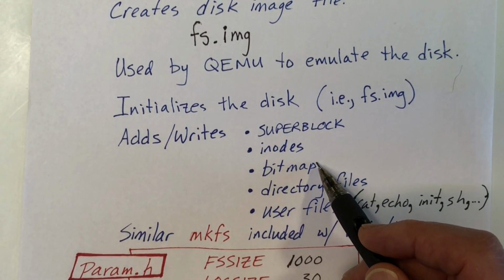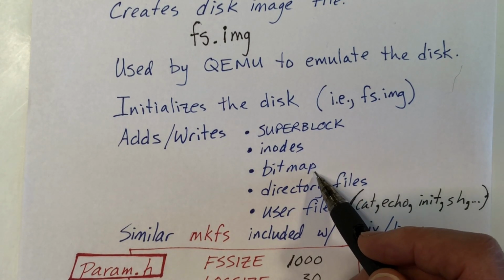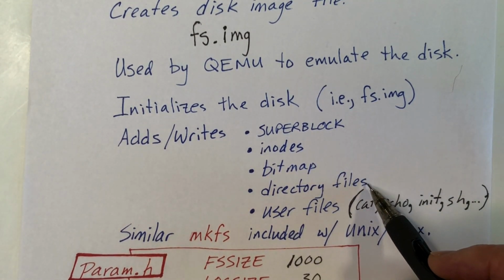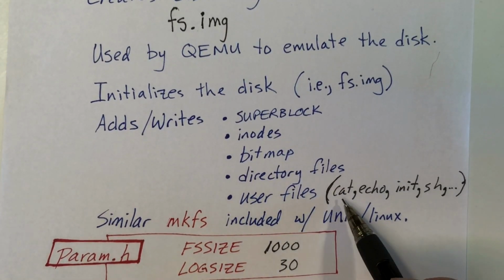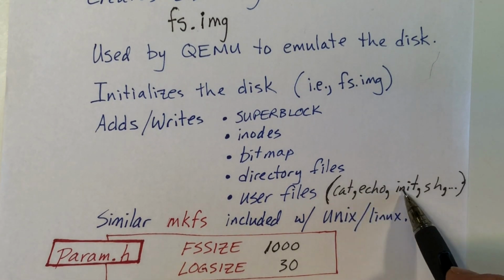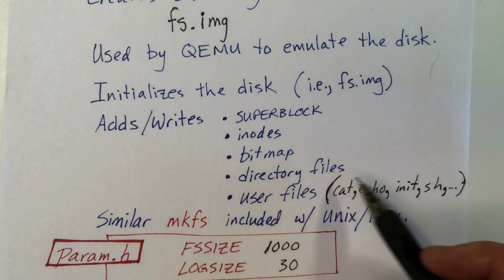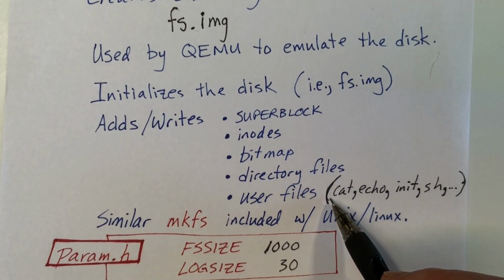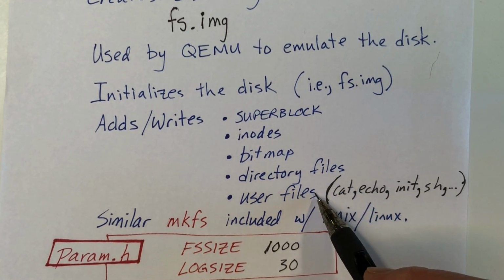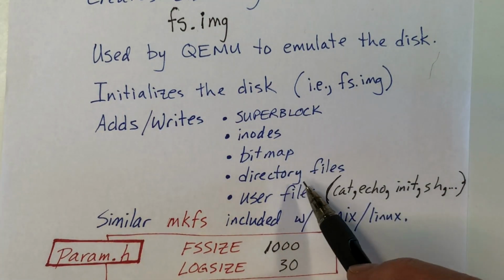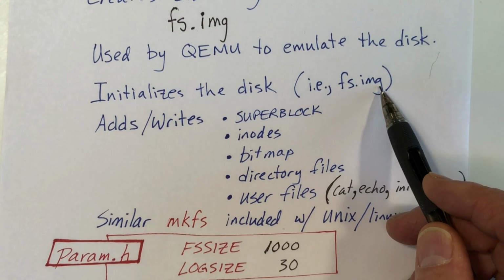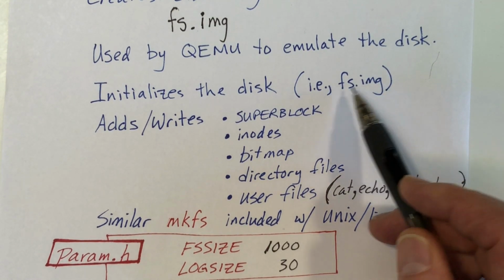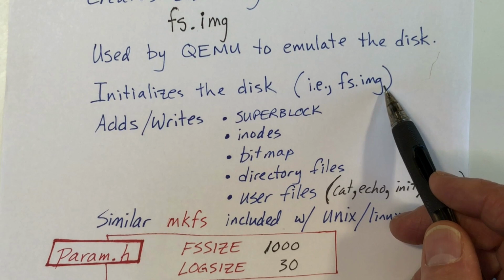It will initialize the bitmap area of the emulated disk. It will create a directory structure and initialize some directories. And for each of the user files, that is the user mode executables like cat, echo, the initial program, the shell, and so on, it will create a file and add that to the directory of the file system. So that when mkfs is done, this image file will contain an entire complete file system ready to go so that the kernel can boot up and find the file system.